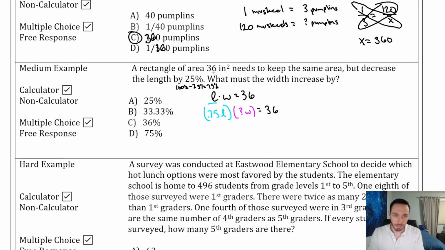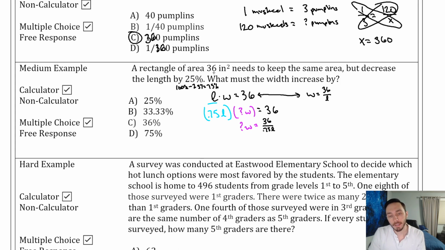So what I can do here is, well, all right. In the equation above, I know that my width is equal to 36 over L. So my new width, what I'm scaling my width with, is going to be equal to 36 over 0.75 L. One way we can think about this, 36 divided by 0.75, we can just type into our calculator.